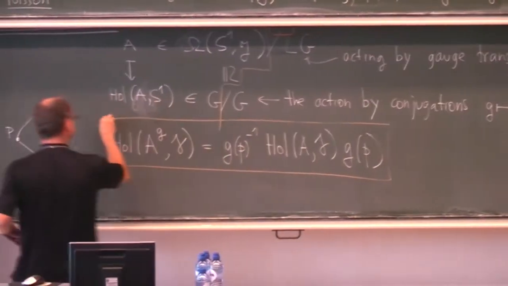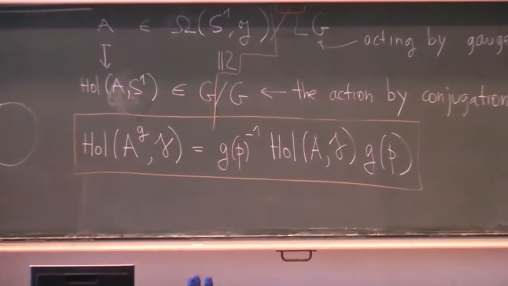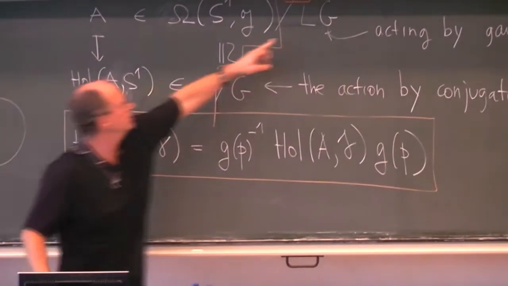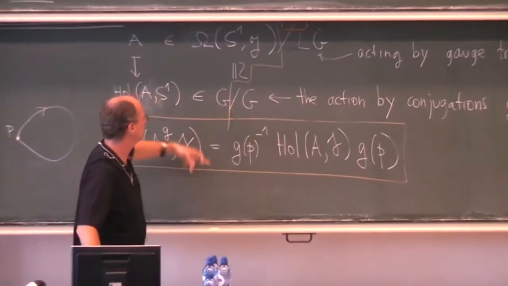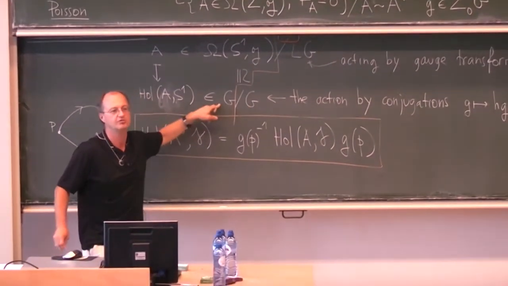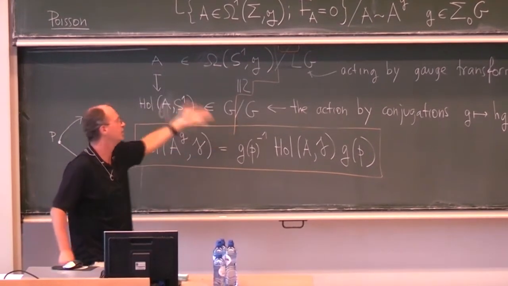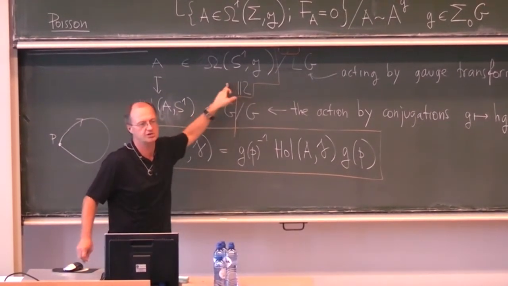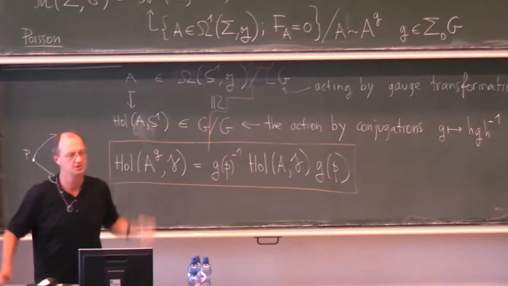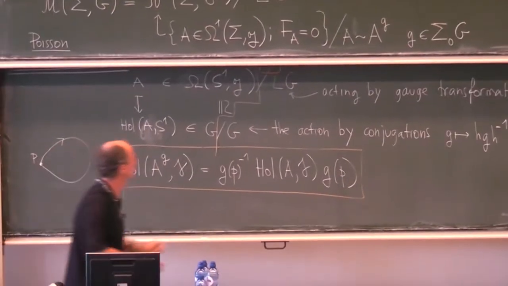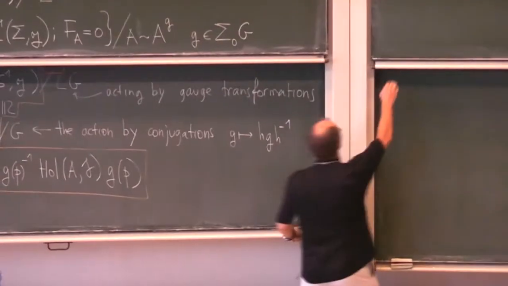So both the choice of the base point and the gauge transformations only lead to a conjugation of the resultant element. So we have a well-defined map. One still needs to show that it's really an isomorphism, but that I leave for a moment.